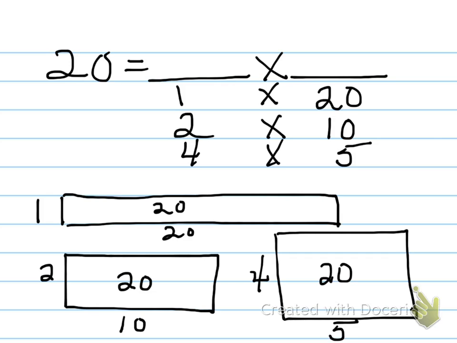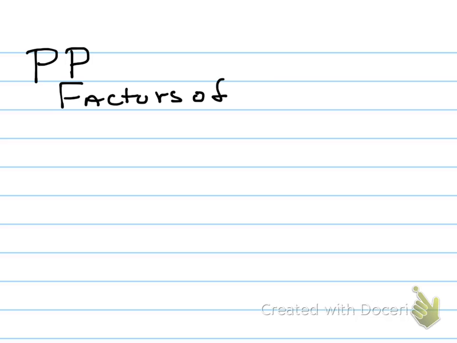Now I'm going to ask you to do some practice problems. Boys and girls, you are going to find the factors of 24, and then you're going to draw the models.